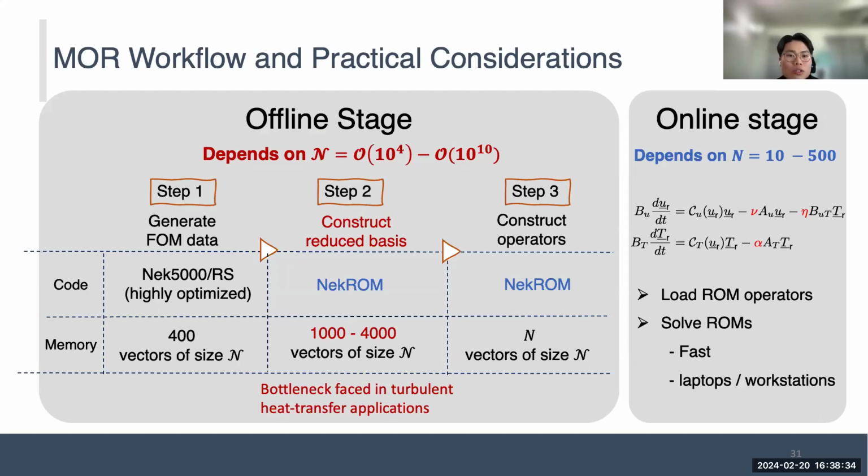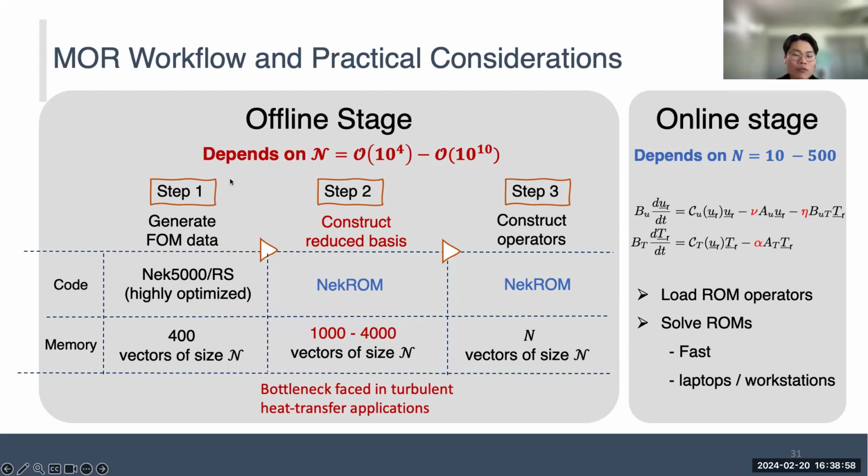In the online stage, everything is fine because it only depends on the reduced order model degrees of freedom. So once you load the ROM operators, you can solve your reduced order model on your laptop or workstation. However, the problem comes from the offline stage, where everything depends on the forward model degrees of freedom.